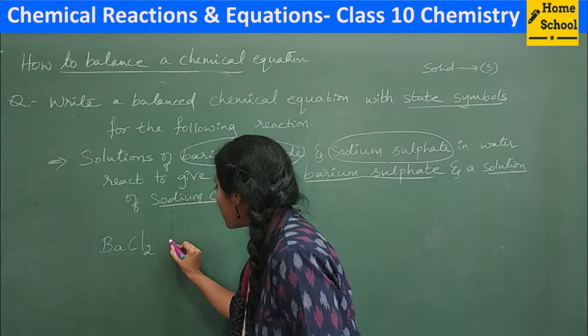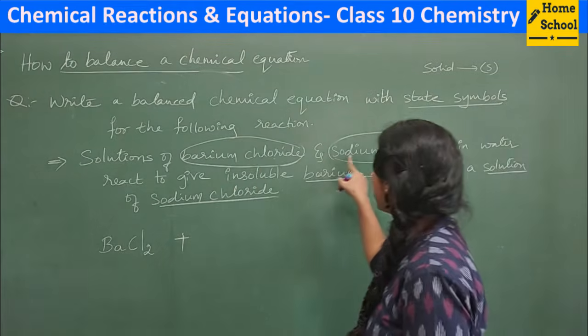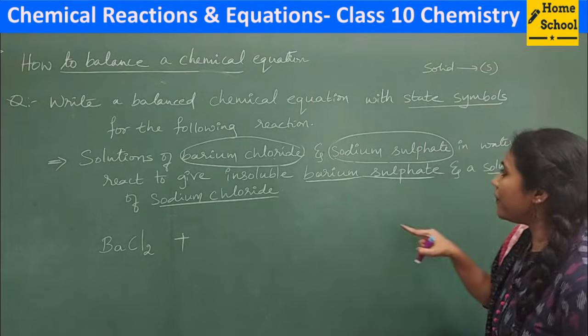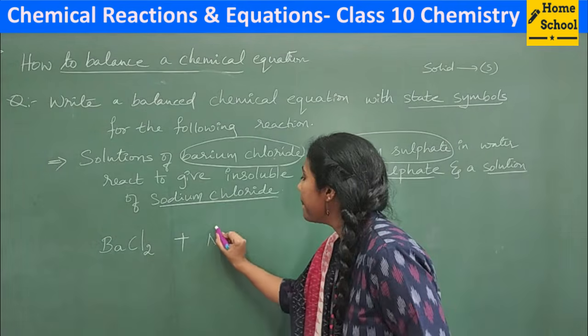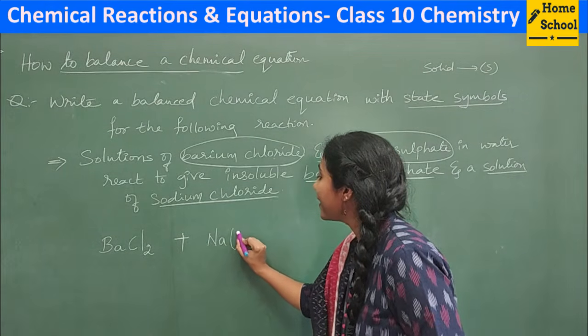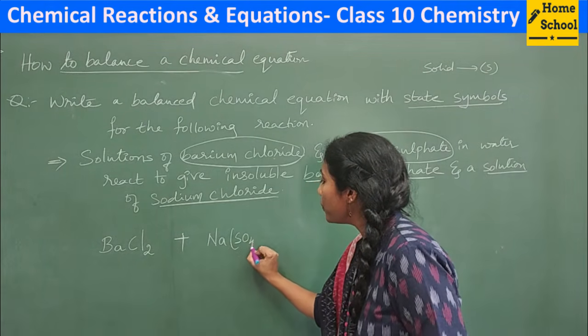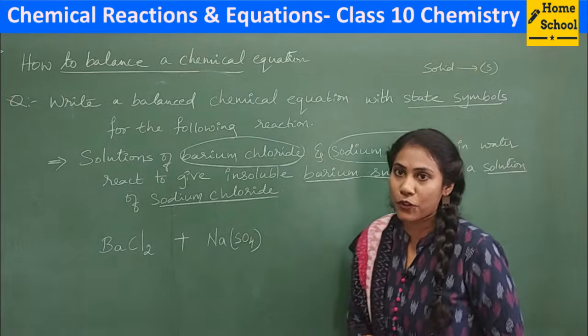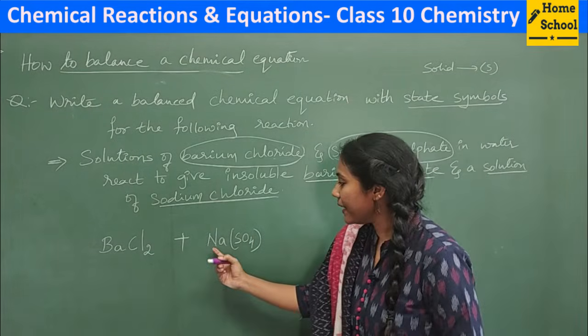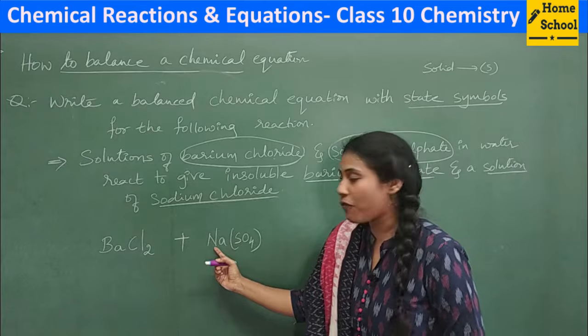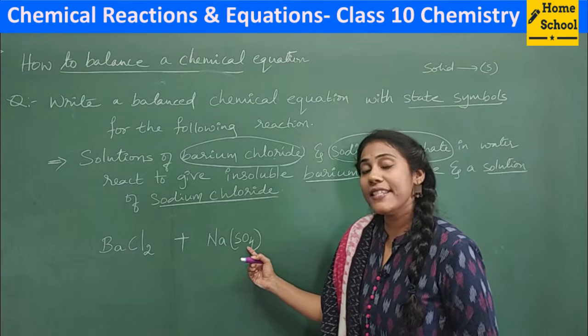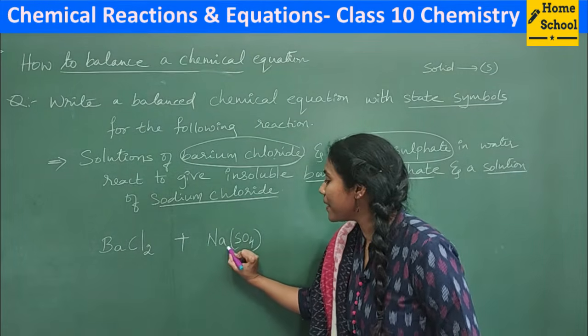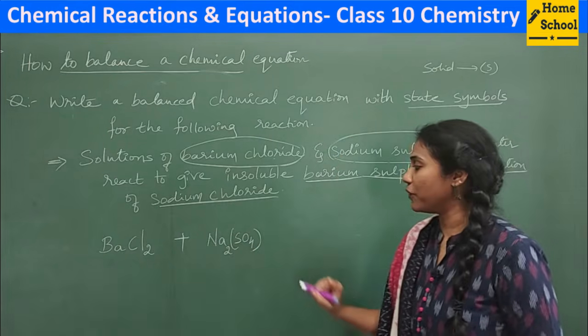Plus, what is the formula for sodium sulfate? Sodium, symbol Na. Sulfate is a polyatomic group, SO4. Sodium valency 1, sulfate valency 2. So 2 must come here, Na2SO4, right?